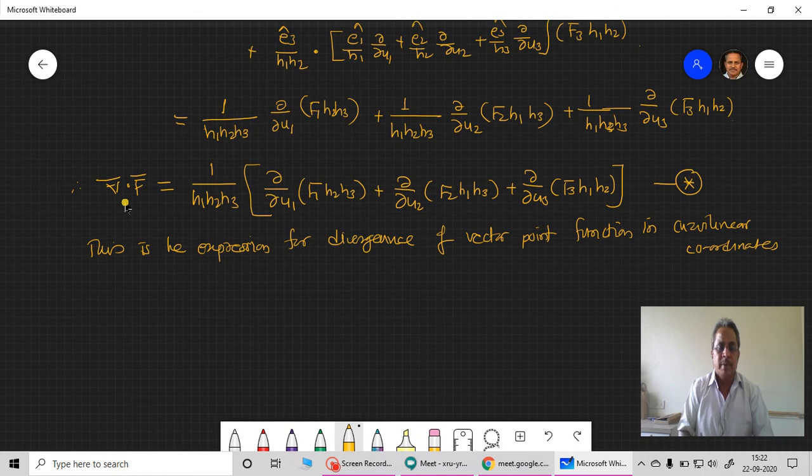So this is the expression for the divergence of a vector point function in curvilinear coordinates. Remember, we have obtained the grad operator, grad psi, and we have obtained del bar dot f bar. This gradient is a vector, this is a scalar, and this is simply a mathematical operator.